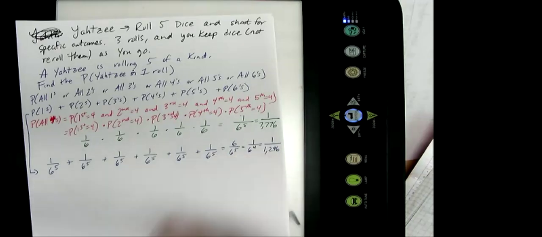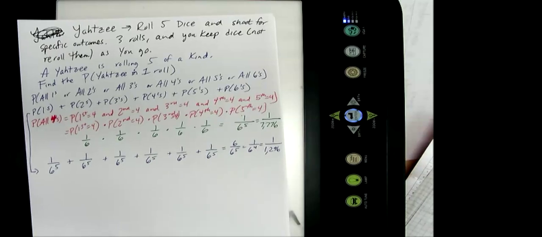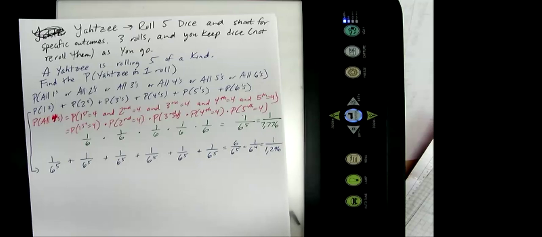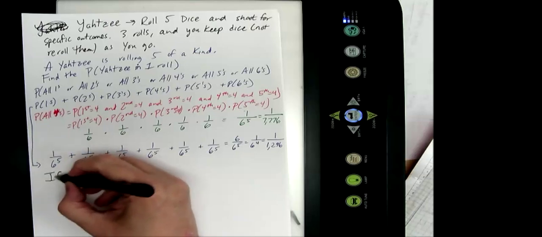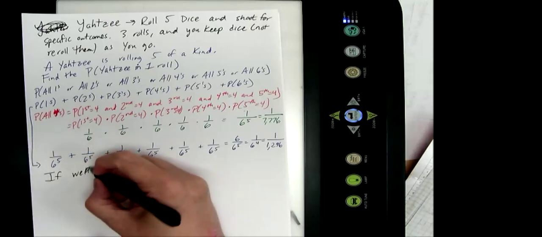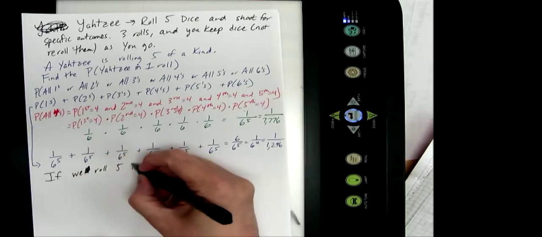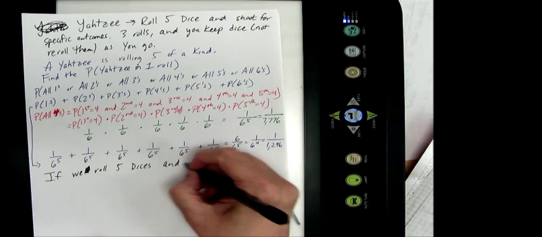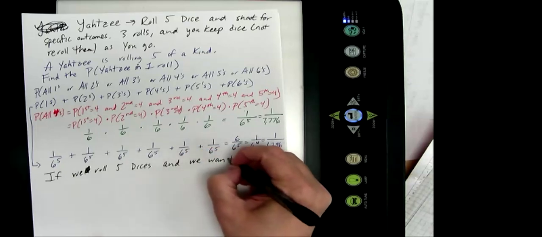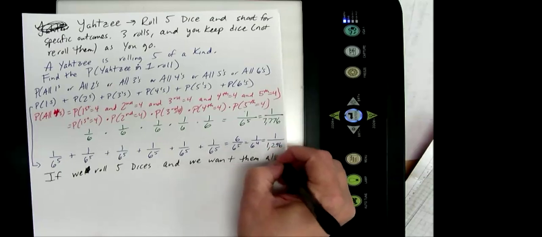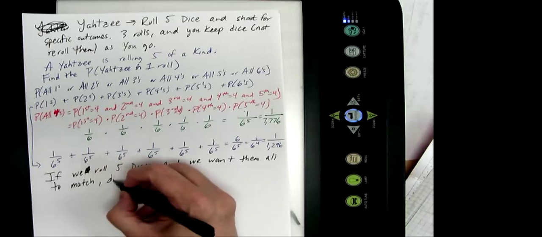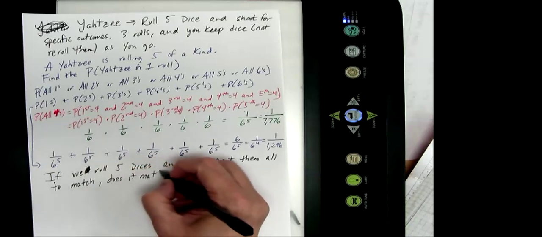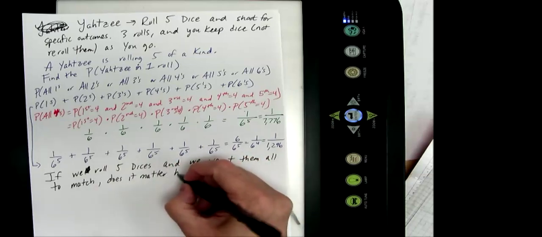There's a slightly quicker way to get to this answer. But this approach is valid, the answer is the same. So I want you all to stop and think about it. If we roll 5 dice and we want them all to match, does it matter how the first die lands?